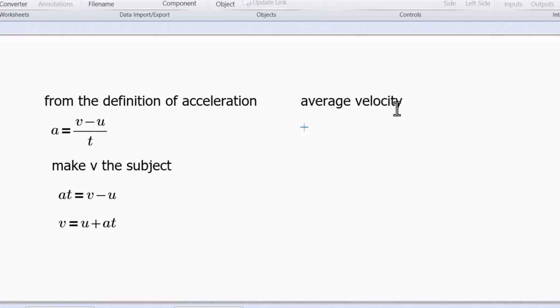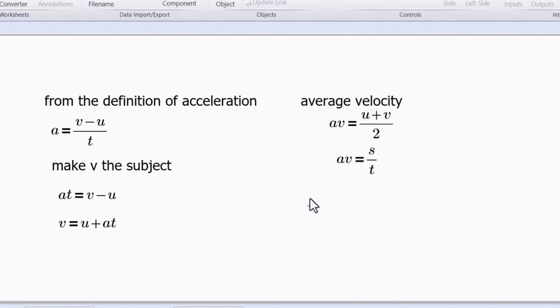Let me use AV to represent average velocity, which is equal to U plus V divided by 2. So this is one formula for average velocity. Average velocity can also be represented as the total distance traveled, which is S, divided by the total time taken. So these are the two equations for average velocity.